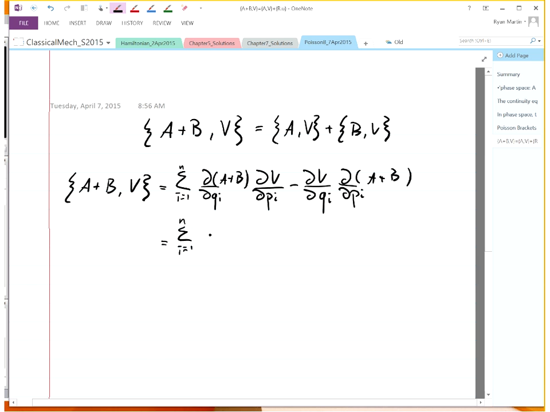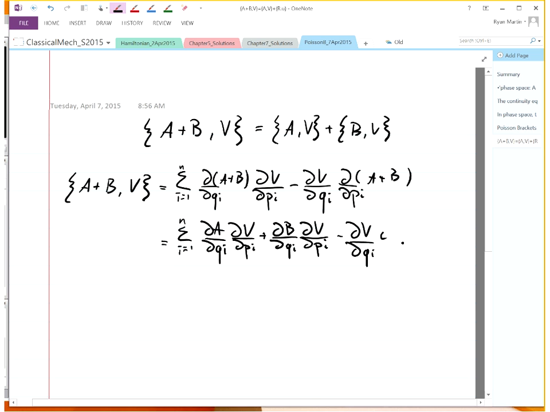The derivative of a sum is the sum of the derivatives, right? So that's ∂A/∂q_i times ∂V/∂p_i plus ∂B/∂q_i times ∂V/∂p_i. That's the first term. I've broken it up into two.